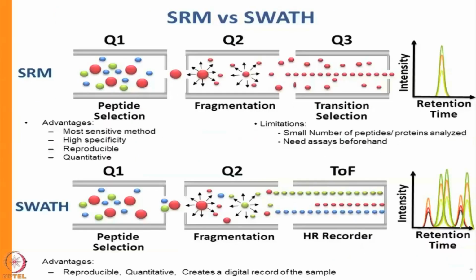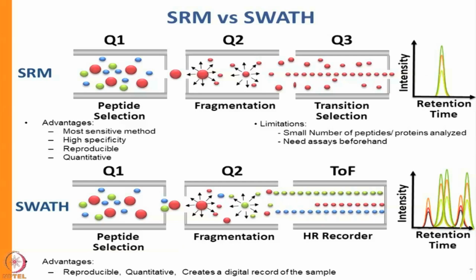This is a depiction, which was gone over well this morning. In SRM, you have many chemical species eluting at a given time. You use one of the quadrupoles as a filter to filter out this particular ionic species. You collide it with a collision gas, and then you sequentially zero in on individual Q3 or fragment ions to make an MRM assay.